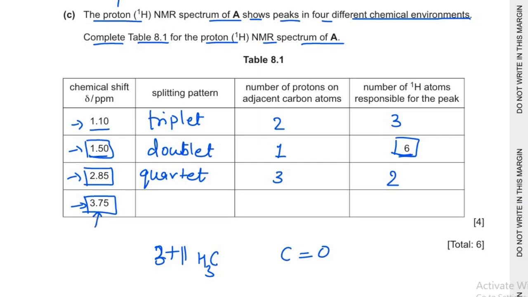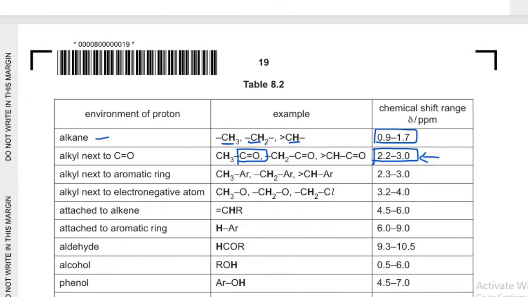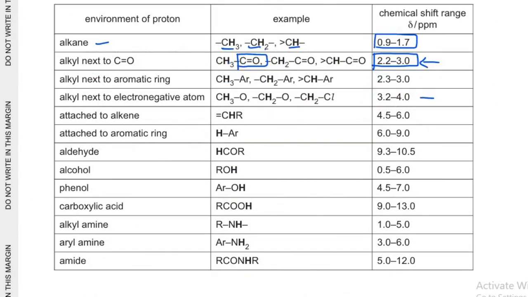And 3.75. This 3.75 comes in this range, where we can see that it is the proton to which an oxygen is bonded just to the carbon. So oxygen is directly bonded to the carbon carrying this proton.